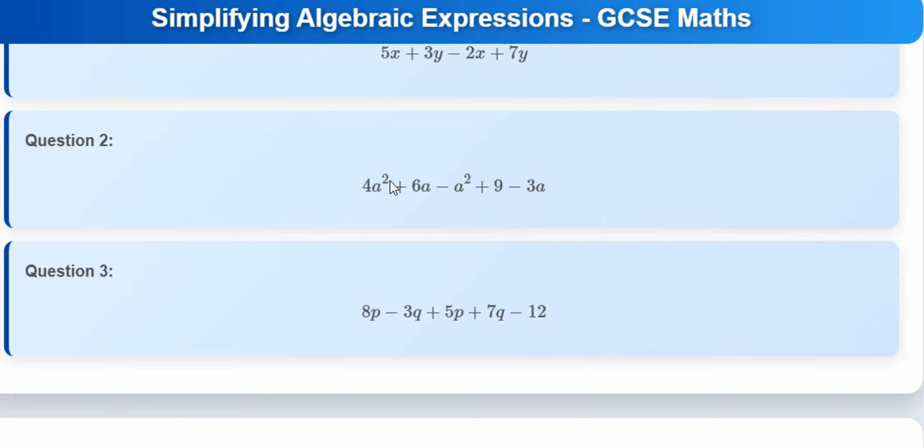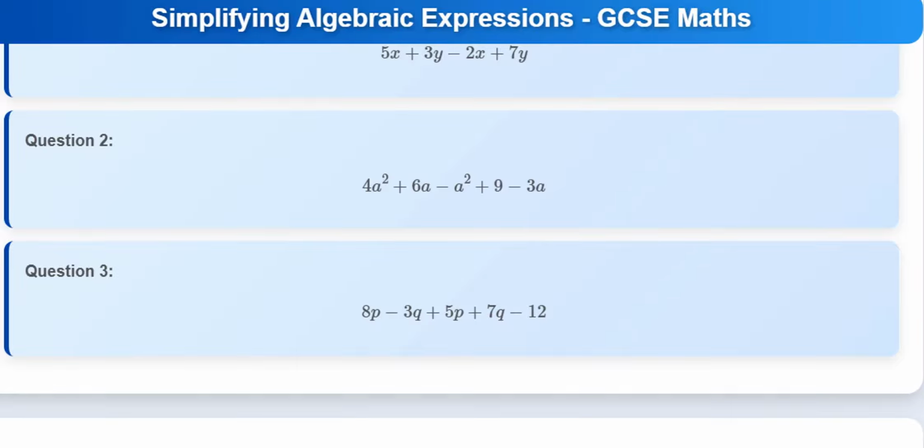For example, 4a squared, then this a squared. So when we are combining like terms in this case, we pick the ones which are squared on one side, the ones which are not squared on another side, and the ones without the unknown on their own side.